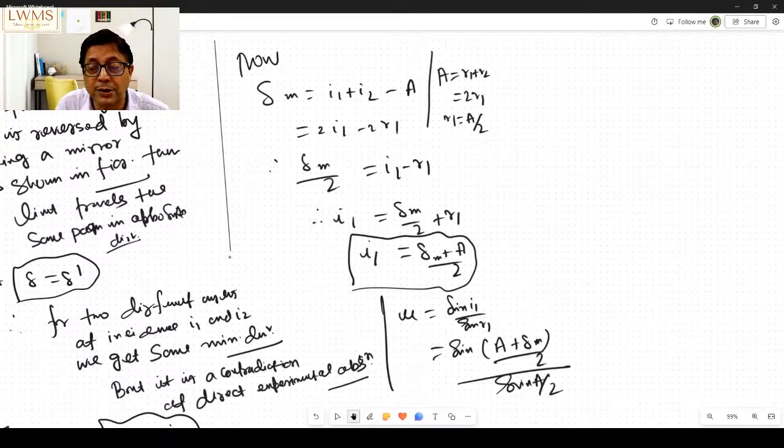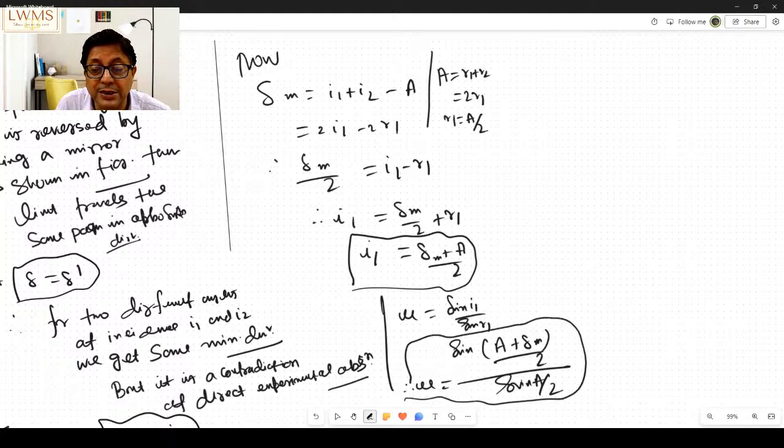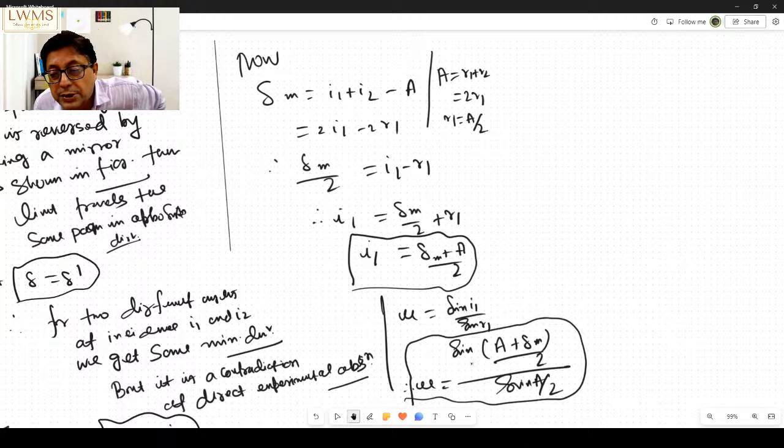So what have you got for minimum deviation? Mu equals sin of (A plus delta m) by 2, divided by sin of A by 2. This is proved, and this relation will help us to determine the value of mu of a prism, or if mu is known, delta m we can find easily. Clear? That's all about prism.